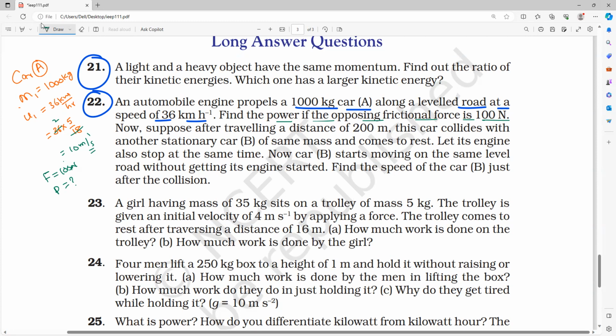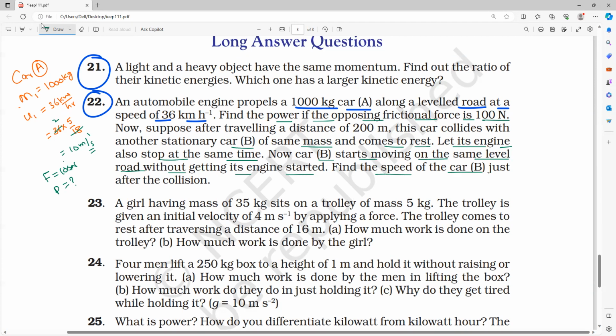Next, the second one. Another stationary car B of the same mass, and comes to rest. Let its engine also stop at the same time. Now car B starts moving on the same level road without its engine started.